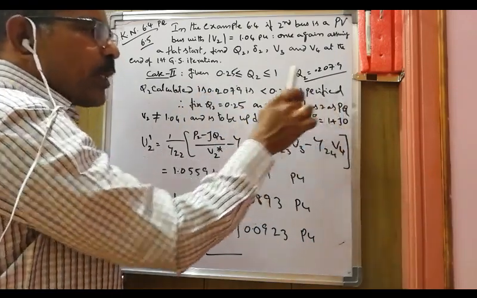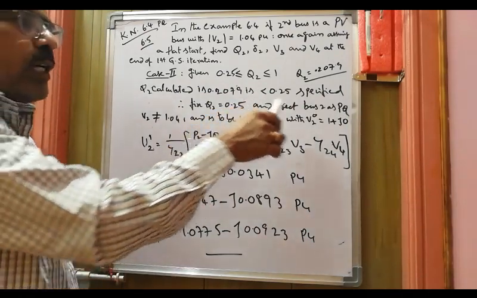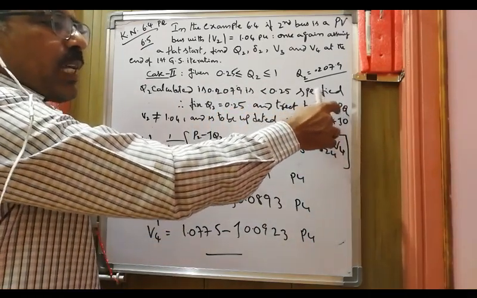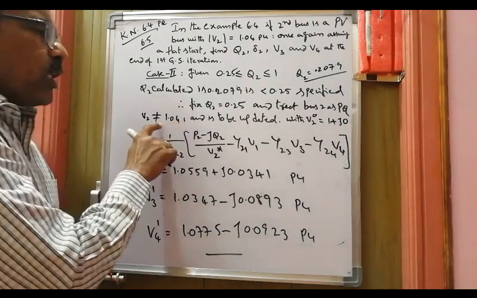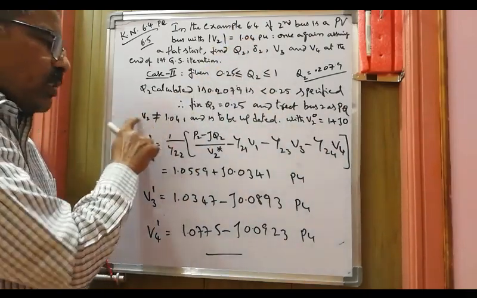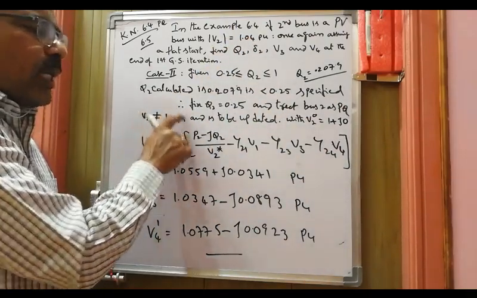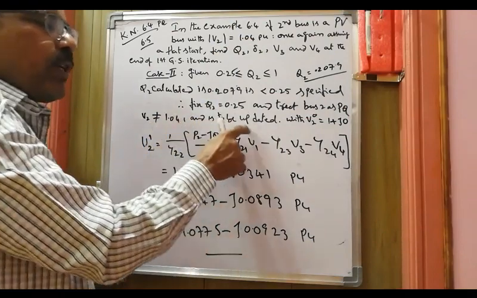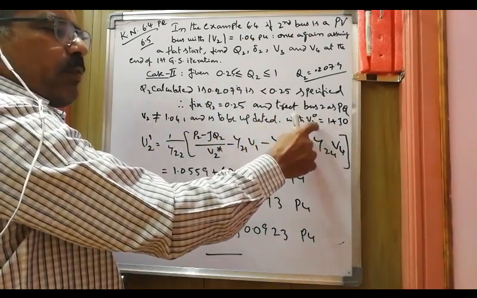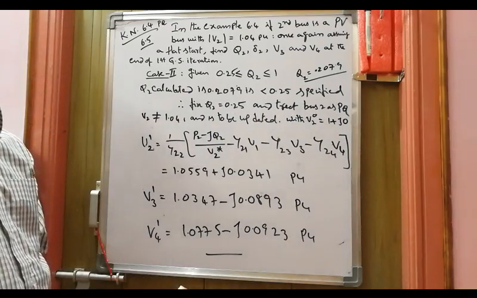Once it is a PQ bus, the voltage specification that was there earlier is to be dropped. So the voltage which is 1.04 is no longer valid. It is to be updated. So update V2 with flat start, taking V2 0 as 1 plus j0.